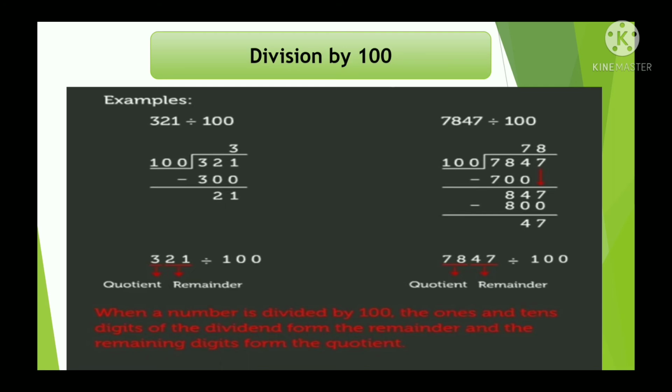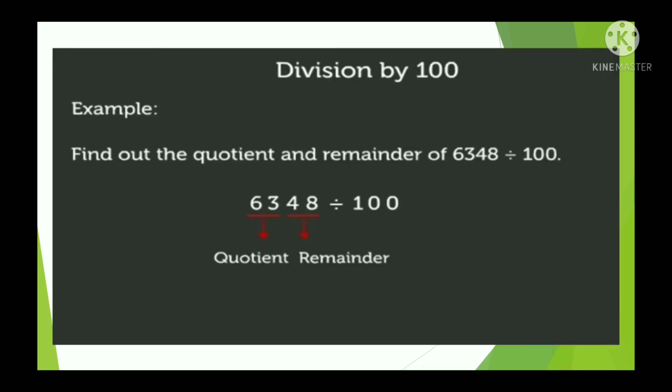So from here we can say when a number is divided by 100, then the ones digit and tens digit of the dividend form the remainder and the remaining digits form the quotient. From the examples we can see how we find quotient and remainder without any division.